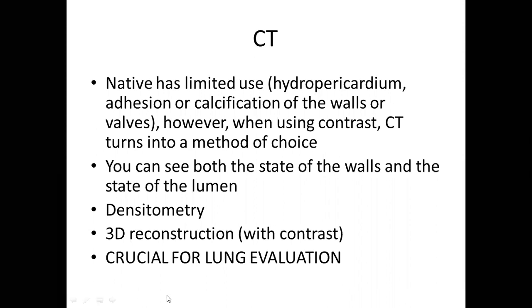We can make densitometry, so we can measure the density of some structures. We can make three-dimensional reconstruction, and CT scan is crucial for evaluating lung condition because some patients may have pulmonary edema as a complication of cardiac problems.